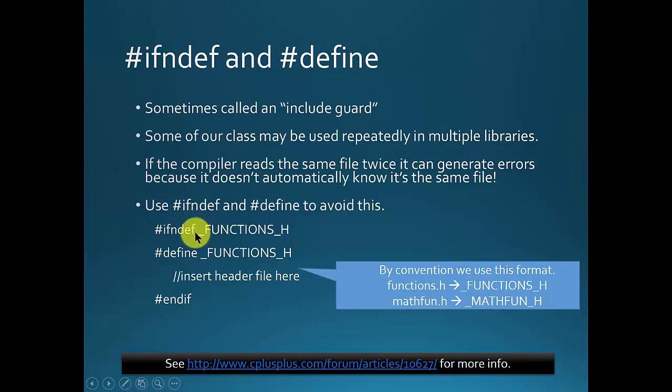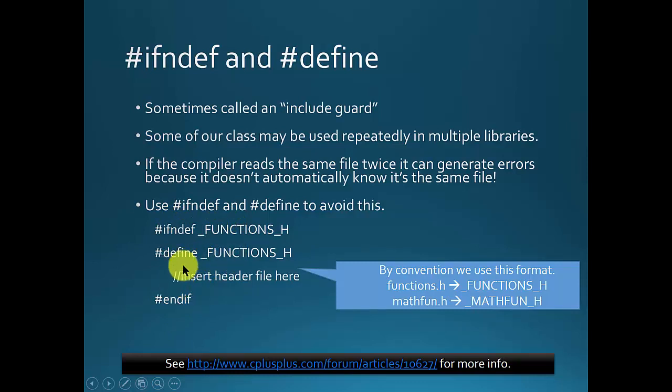the compiler will say, hey, if the _FUNCTIONS_H identifier has not been defined yet, then go ahead and do the stuff between the ifndef and the endif. And that will include, one, defining _FUNCTIONS_H so that when it comes back around, this if will fail and it won't execute this a second time.